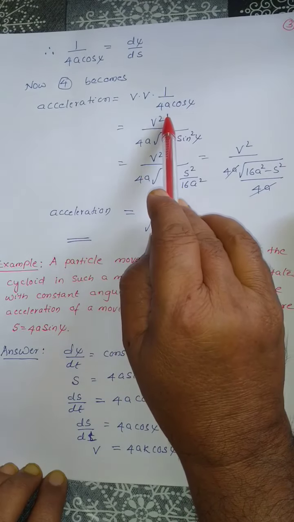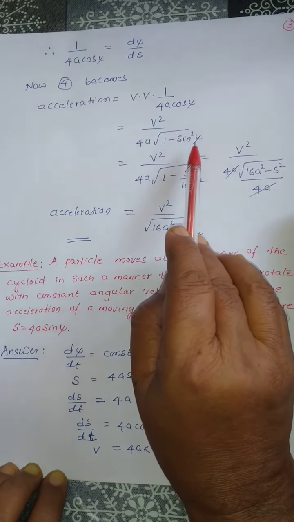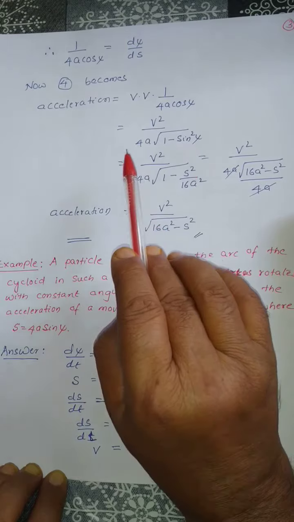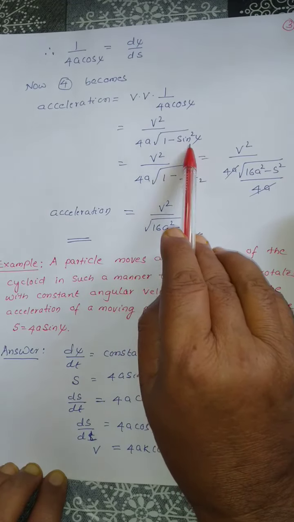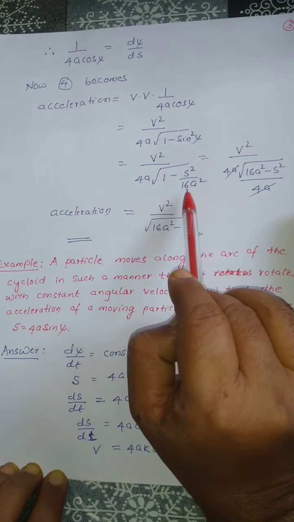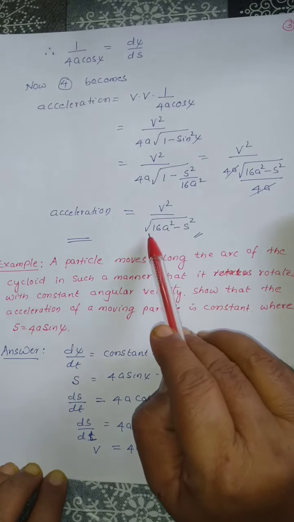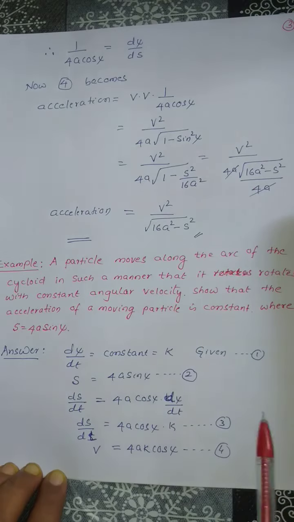So v square is in the numerator, and 4a cos psi is 4a root of 1 minus sin square psi from the given equation, because s equal to 4a sin psi. So sin square psi is s square by (4a) whole square, means s square divided by 16a square. This simplifies to v square divided by root of (16a square minus s square). This 4a cancels.